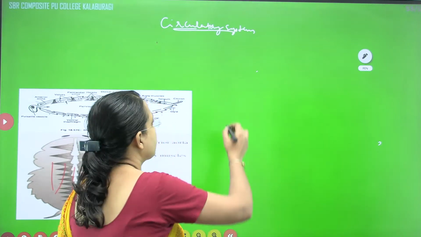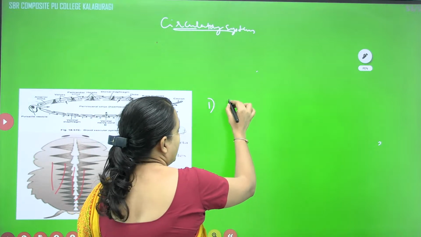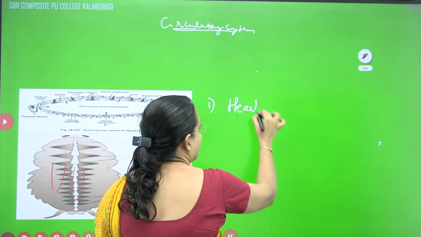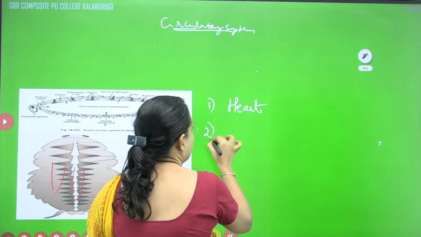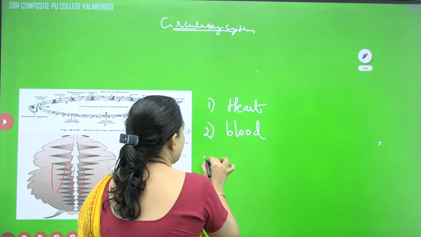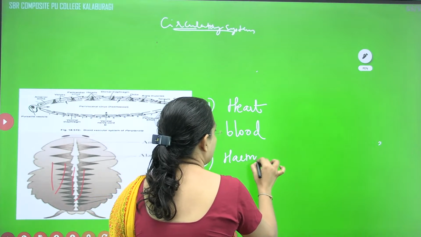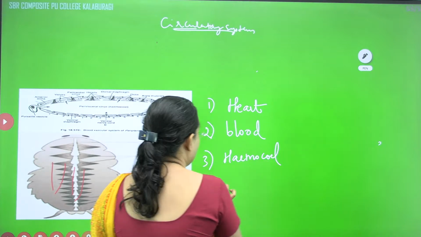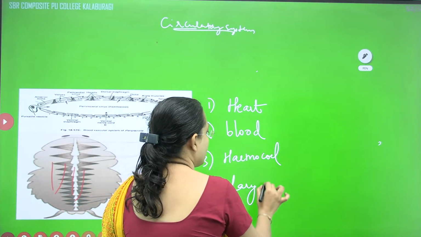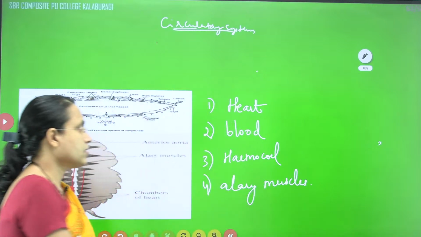Components of circulatory system of cockroach. The cockroach circulatory system consists of heart, blood, hemocoel, and then of course another important contributor for circulation, the alary muscles.